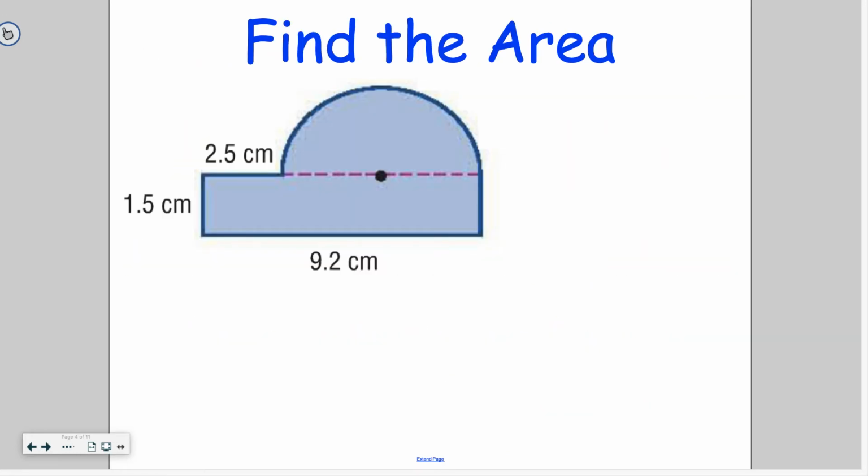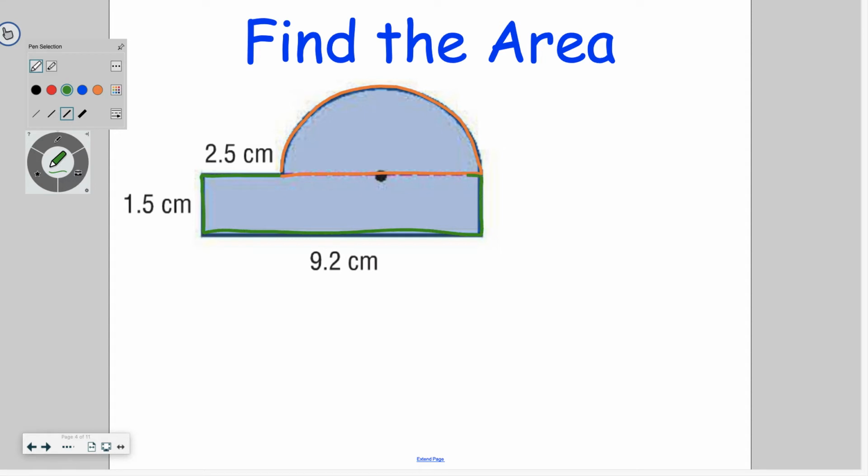This first problem, I've got this figure right here, and I'm going to go ahead and notice that I can break it into the first part of a semicircle, and then the second part being a rectangle. So those are the 2 shapes that I can break that composite figure into.